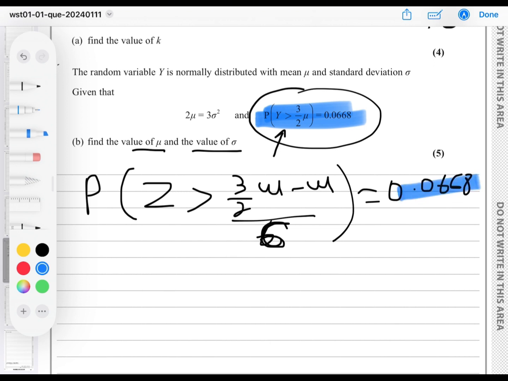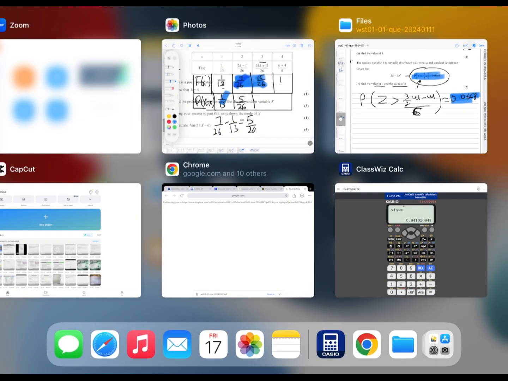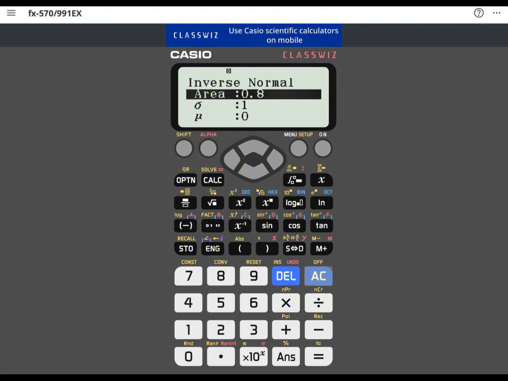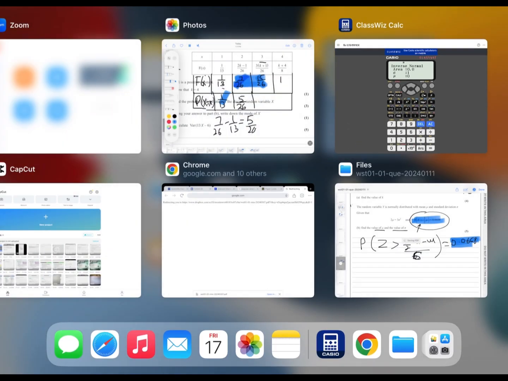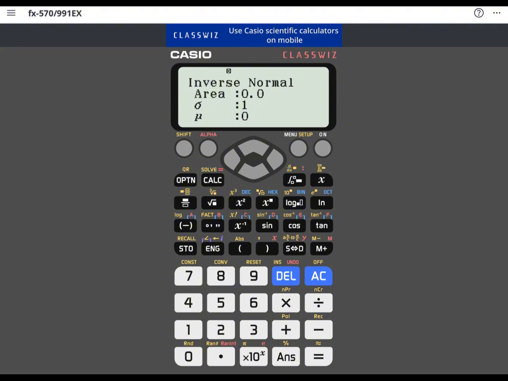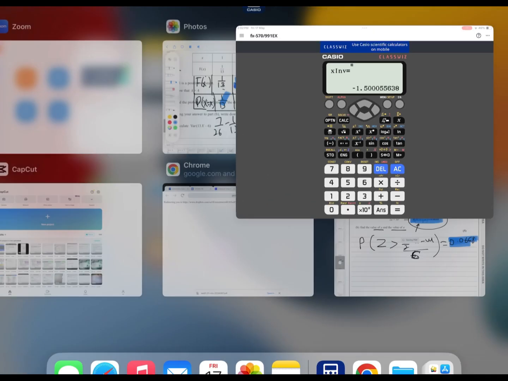I will also find the z-score for this value from the calculator. 0.0668, this is the area, and the value is minus 1.5.